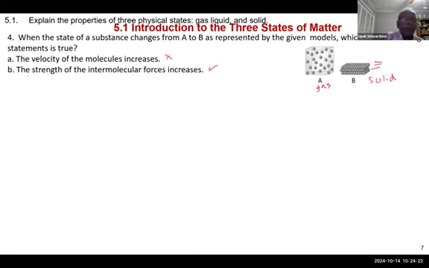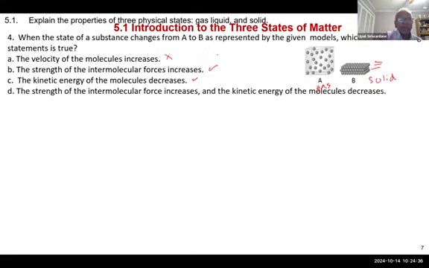That the kinetic energy decreases, that's true. Let's look at that. The strength of intermolecular forces increases and the kinetic energy decreases, that's also true.